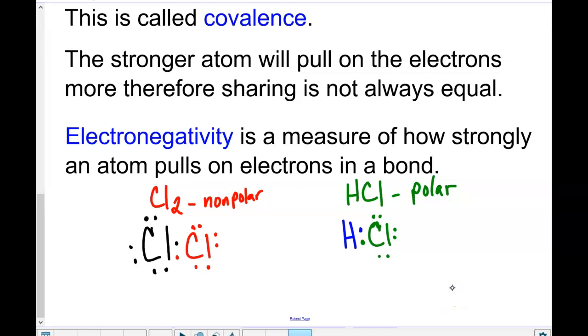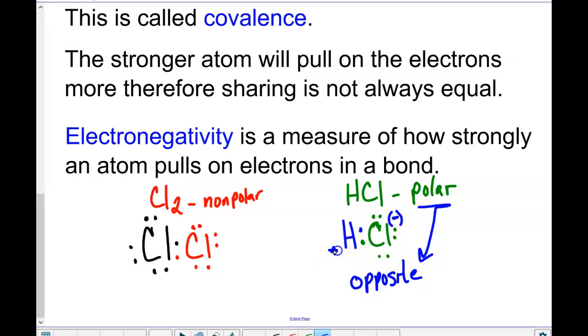So you'll see that the polar bond has what we call opposite sides. So we get that term polar opposites, where this side is going to end up with a partial negative charge because all of the electrons are around the chlorine.